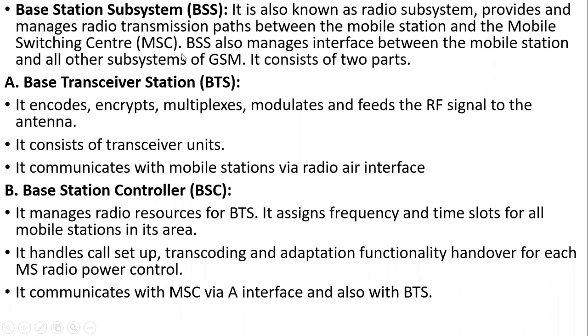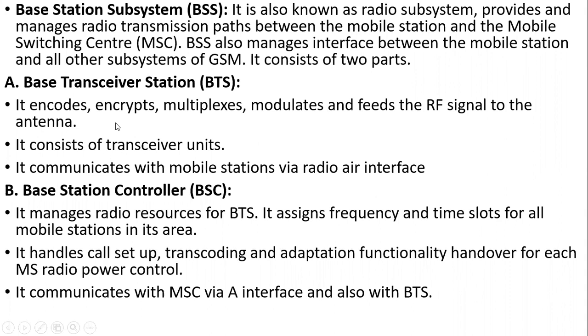The second one is the base station subsystem, and the basic function of the BSS is to make an interface between the mobile station and all other subsystems of GSM. It consists of two parts. One is the base transceiver station, BTS, which encodes, encrypts, multiplexes, modulates, and feeds the radio frequency signal to the antenna.